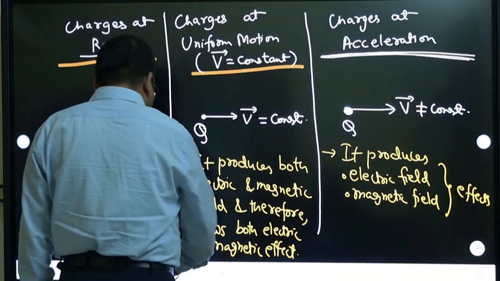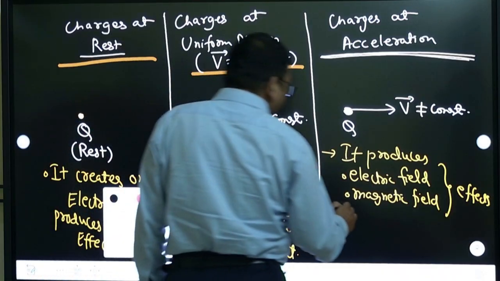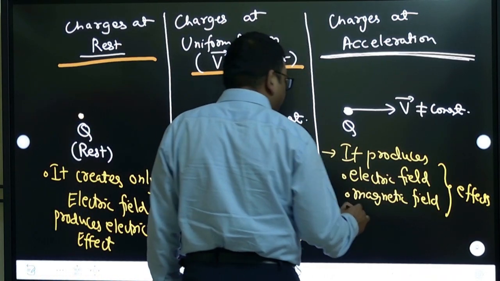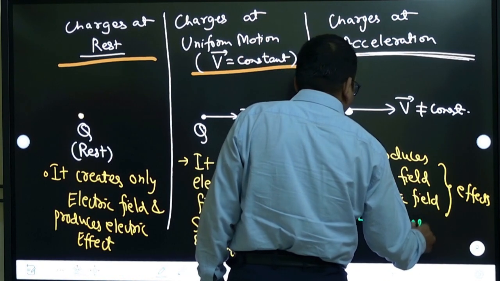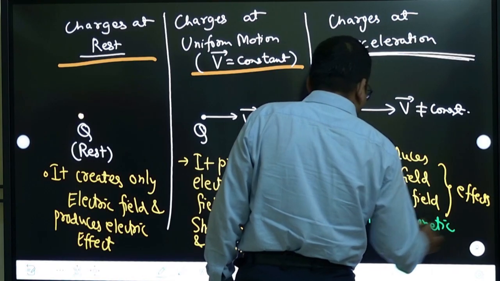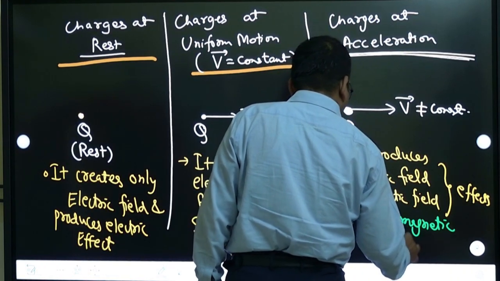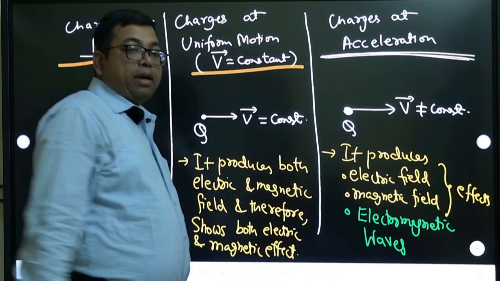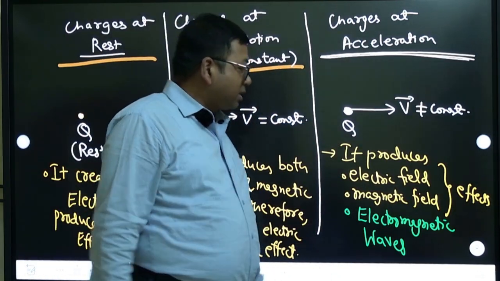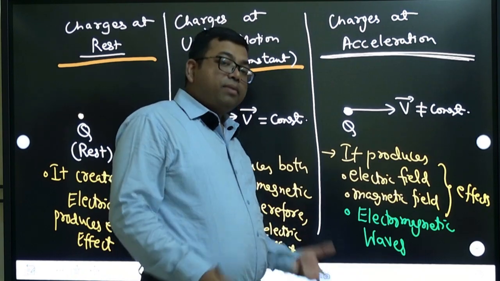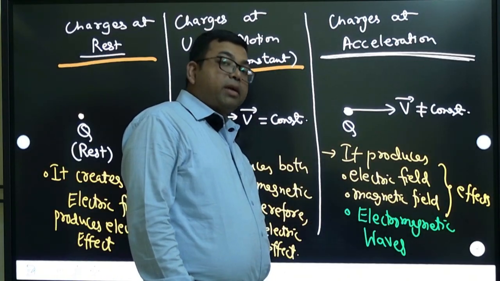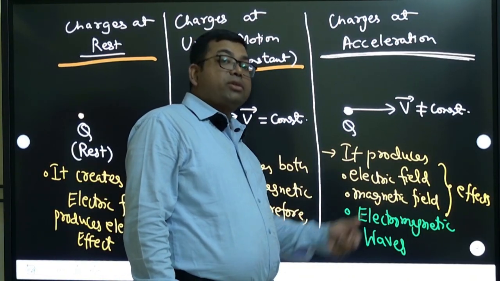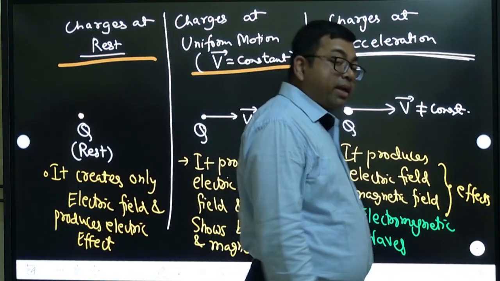What is that extra thing? It also produces electromagnetic waves. And waves you have studied recently. So electromagnetic wave is also a type of wave.